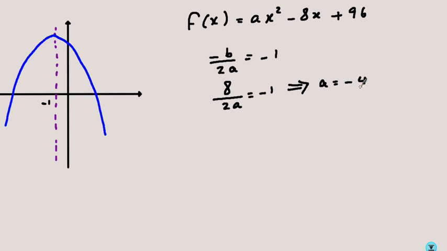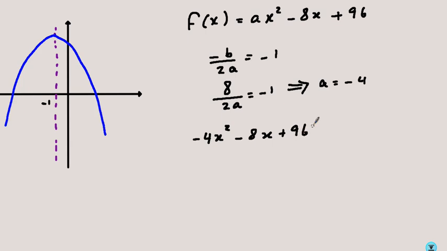Actually, if you get a positive value for a, you should check your work, because obviously the parabola is concave down, so a must be negative. Having done this, you already know that a is -4, so your expression becomes -4x squared minus 8x plus 96.